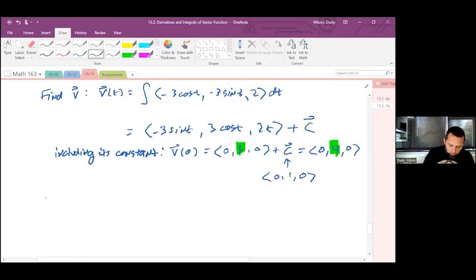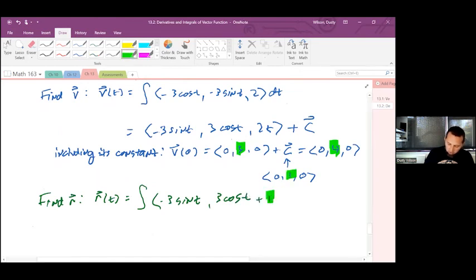So now we want to find r. That would be the position function. And we remember that r of t is equal to the integral of the velocity function, which we've just found. It's going to be the integral of negative 3 sine t, 3 cosine t plus 1, and 2t, dt.